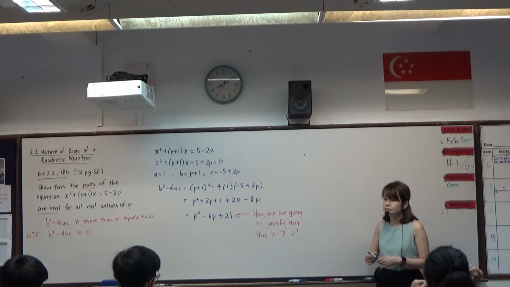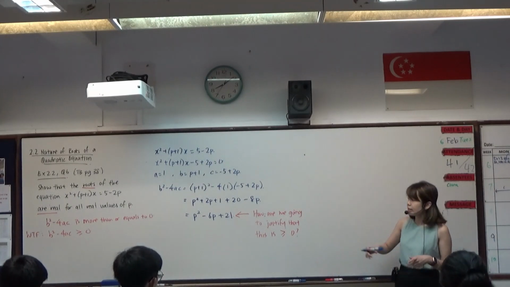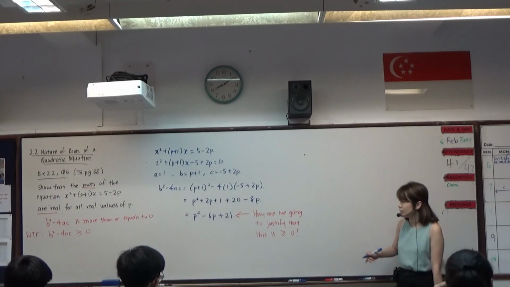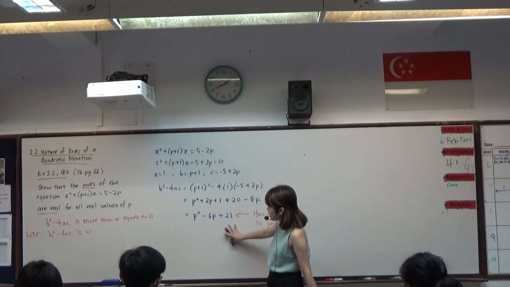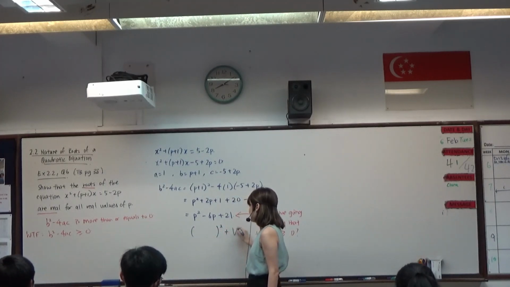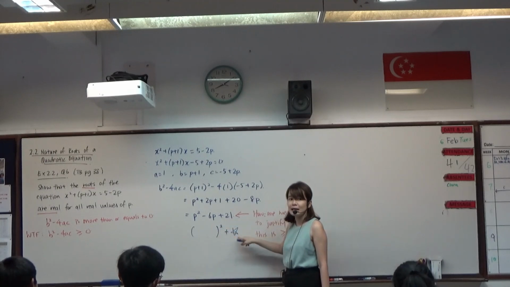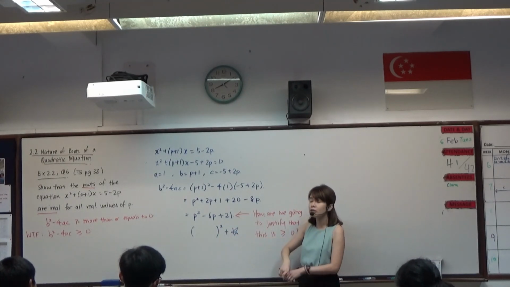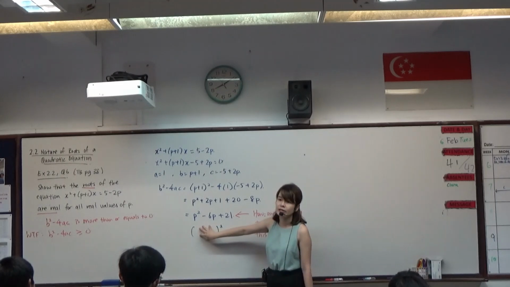So that is the thing. I think that's what Peter is trying to say, that when we do completing the square, we will get something squared and then plus a constant. This is very helpful because we keep all the unknowns inside the square.